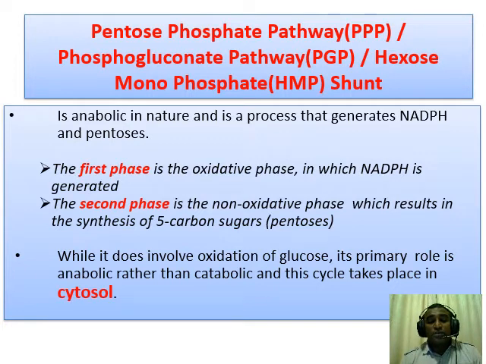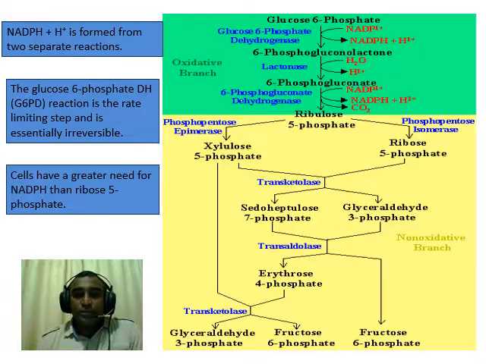And then in terms of its location, it is in the cytosol, and in terms of whether it can be categorized as catabolic or anabolic, it is mainly categorized as anabolic. However, it can also play a catabolic role, as you will see later on. So just like any other biochemical pathway, this pentose phosphate pathway is also broken down into phases, that is oxidative as well as non-oxidative.